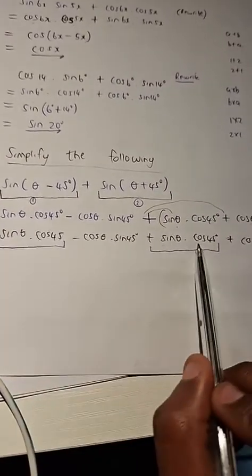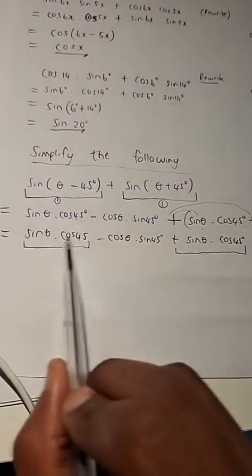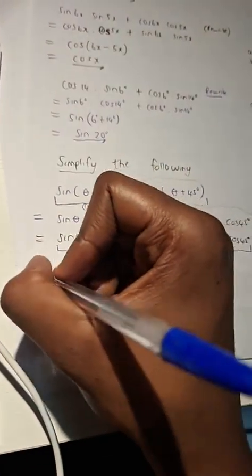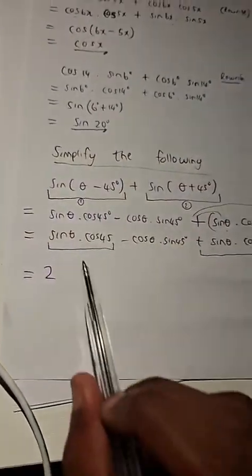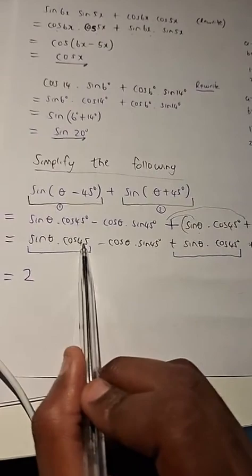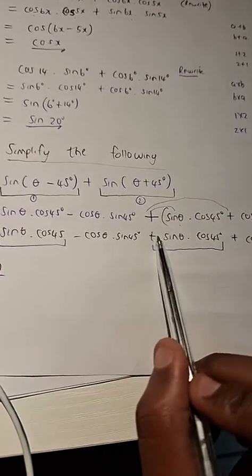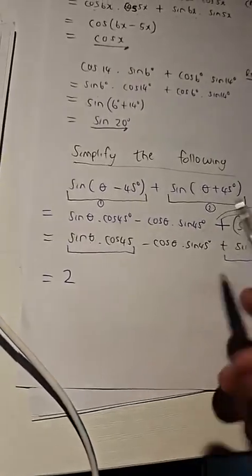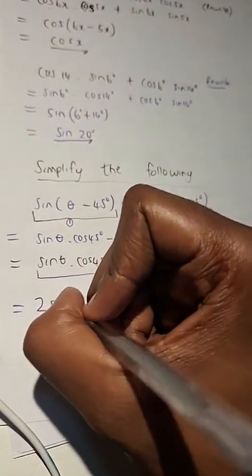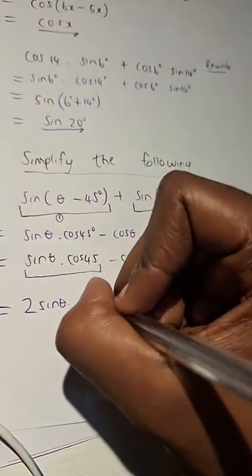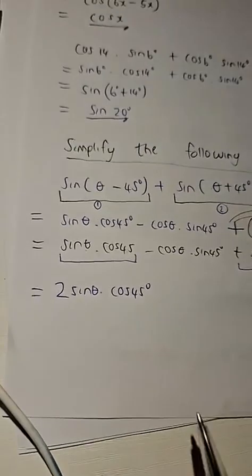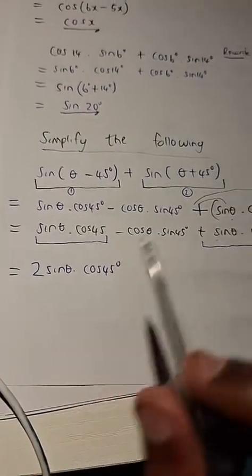We have 1, 2. So that means we add these two together, and our answer will be 2. Please guys, sine theta cos 45 plus another sine theta cos 45 means 2 sine theta cos 45. I hope you understand that.